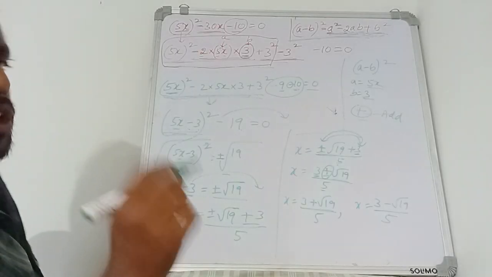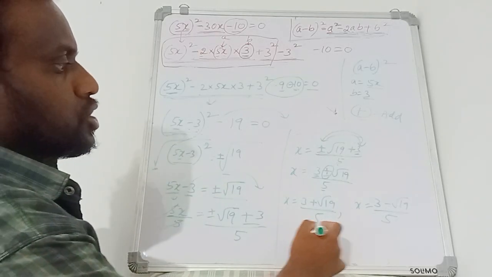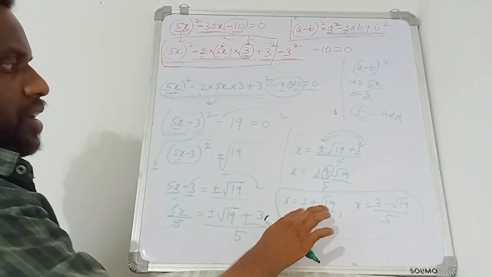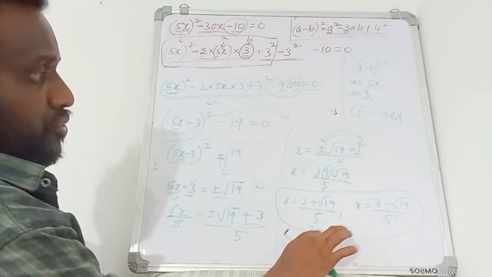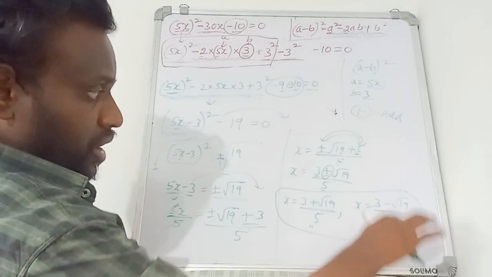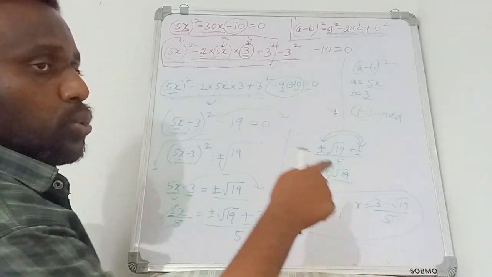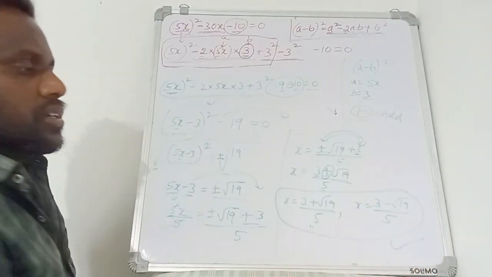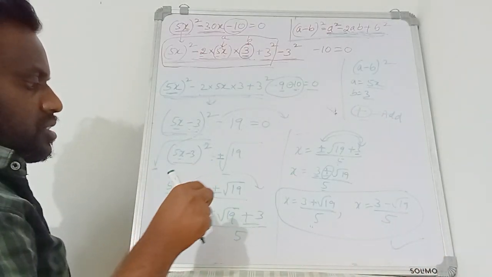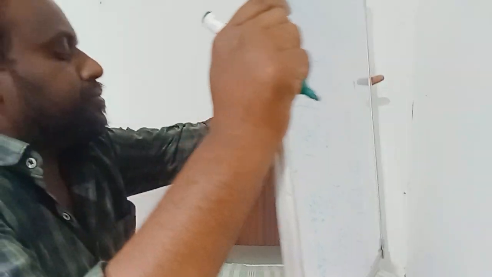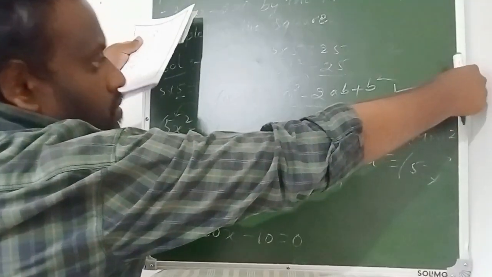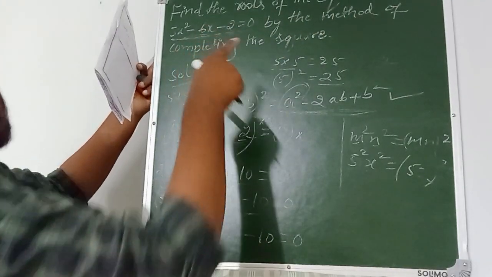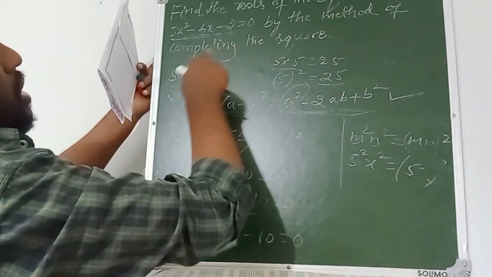Okay. Now these are the solutions. Required answer is this. Roots: x is equal to 3 plus root 19 by 5, x is equal to 3 minus root 19 by 5. These are the roots of the given equation. So this is the final answer. Okay. Question asked: find the roots of the equation by the method of completing the square.